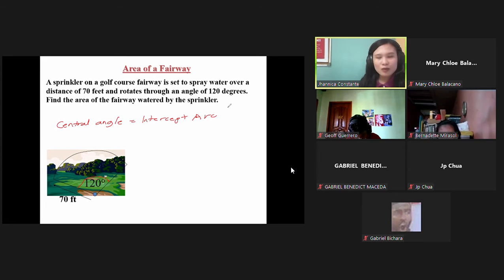So that means kung ang measure ni central angle is 120 degrees, the intercepted arc is also 120 degrees.